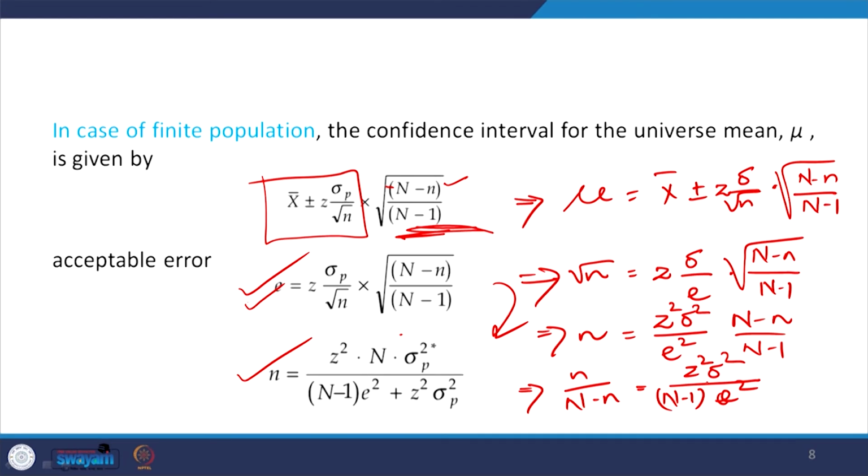So the next step would certainly be n is equal to n times this, I am just multiplying this, and minus small n times this. Now you take small n to the left hand side and start solving it. You will certainly get the final equation as z square times n multiplied by this, and this is the final equation.